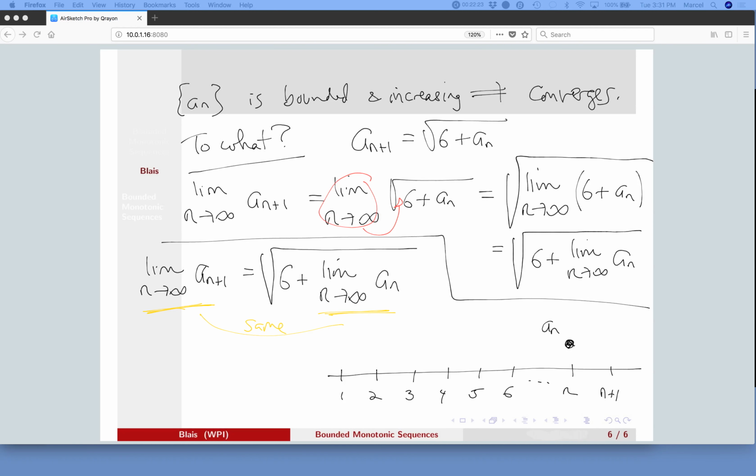Well, this sequence converging means that there is some limit, let's say that this is our limit L. So in general, these a sub n's are approaching that limit, this limit of L. Well, a sub n plus 1 is right here.